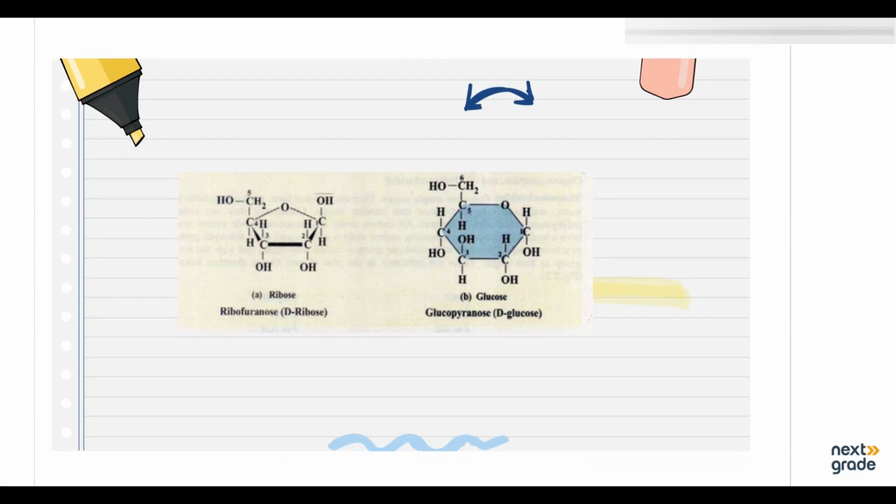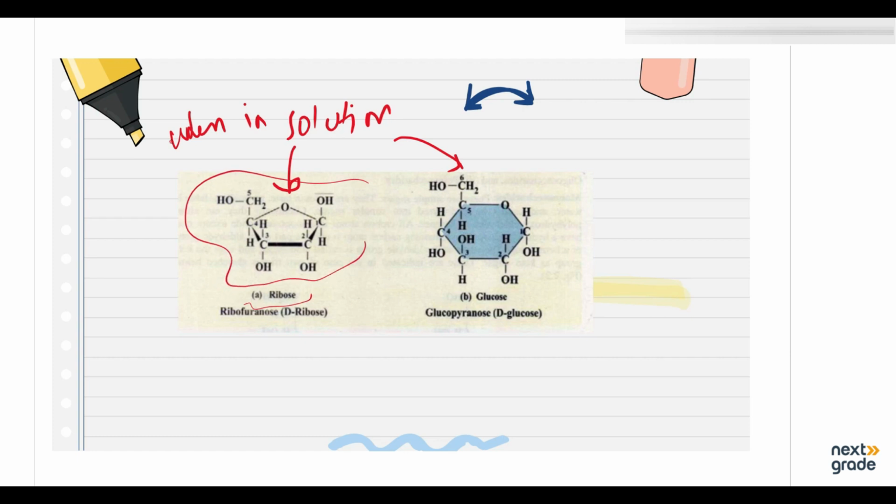Most monosaccharides always form a ring structure when they are in solution. For example, ribose will form a five-cornered ring known as ribofuranose, whereas glucose will form a six-cornered ring known as glucopyranose, like this one.